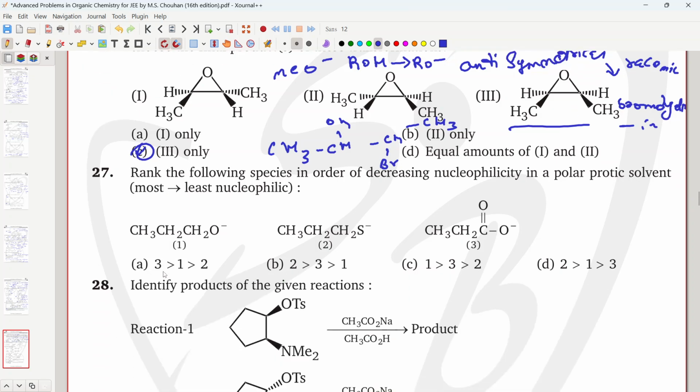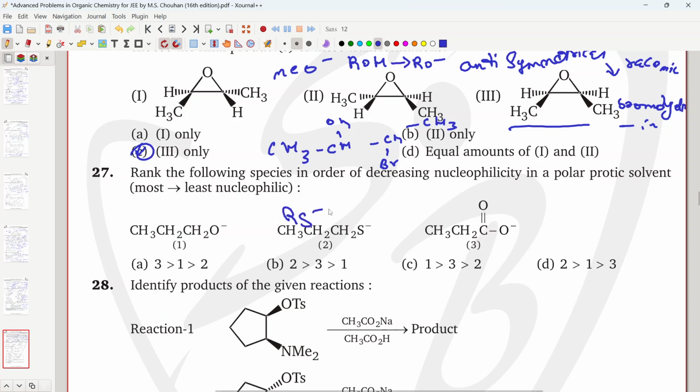Now for the next question. Rank the following species in order of decreasing nucleophilicity in a polar protic solvent, most to least. So first we have propoxide, propylthiolate, and acetate. The key rule is that in polar protic solvents, sulfur anions are less strongly solvated than oxygen anions.